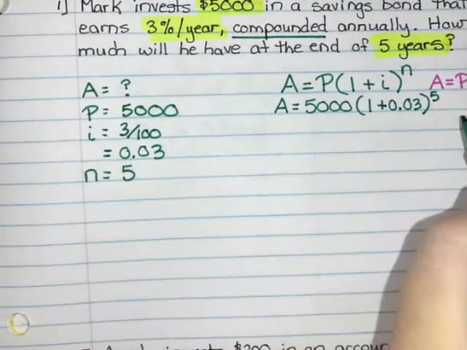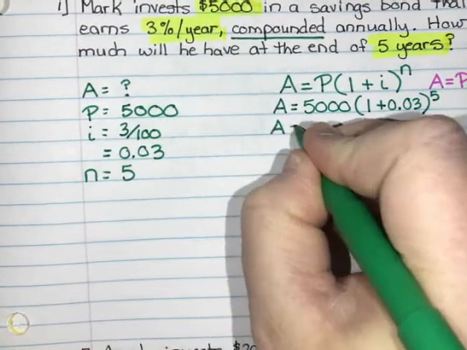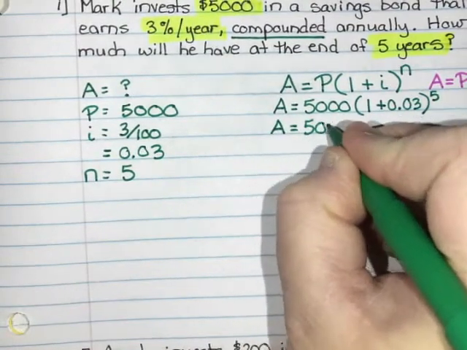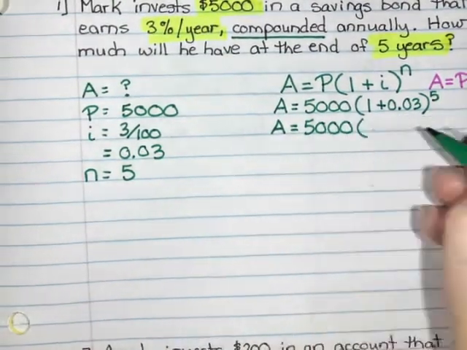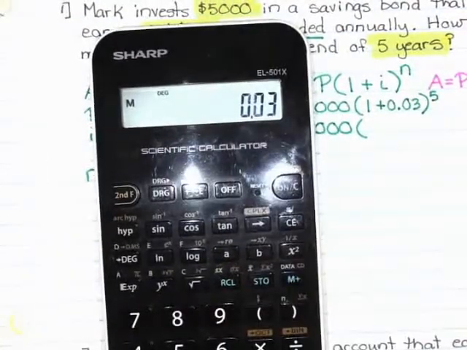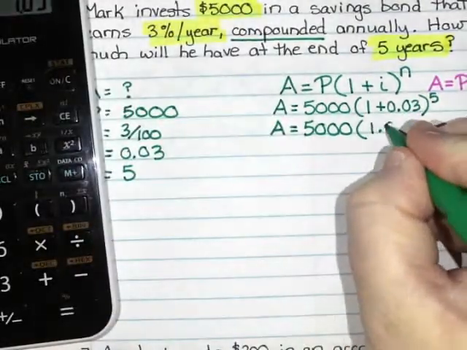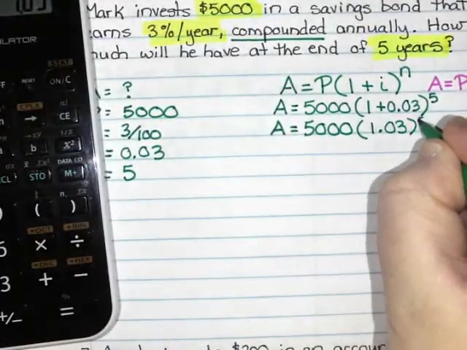So BEDMAS says we do brackets first. So I'm going to do the addition inside my bracket. So I get 5,000 times, and then if I add those together, I don't really need a calculator, but I'm going to do it anyways. I get 1.03 to the power of 5.